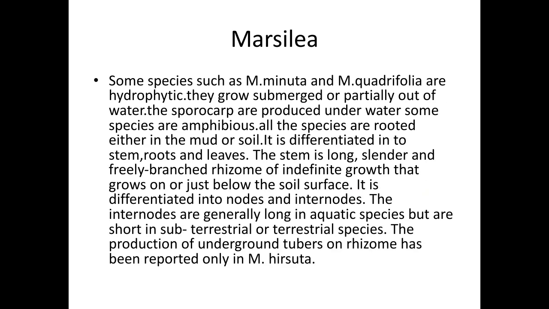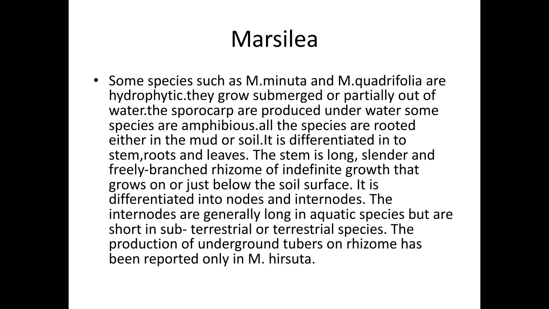They grow submerged or partially out of water. The sporocarps are produced under the water. Some species are amphibious. All species are rooted either in the mud or in the soil.